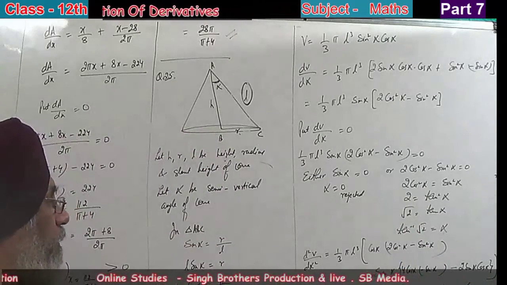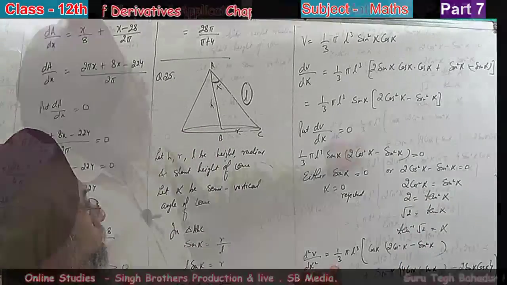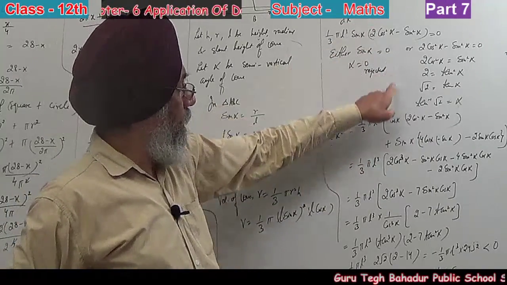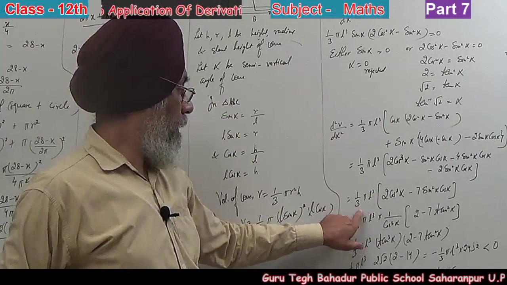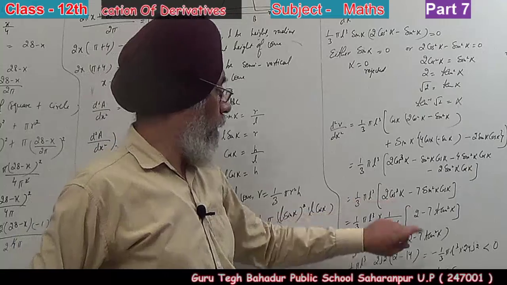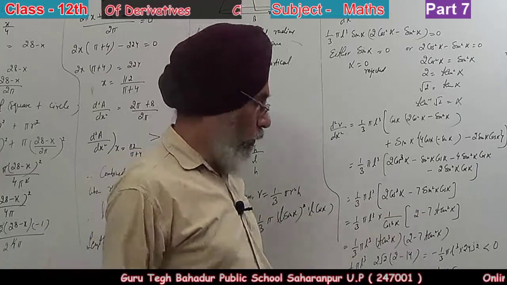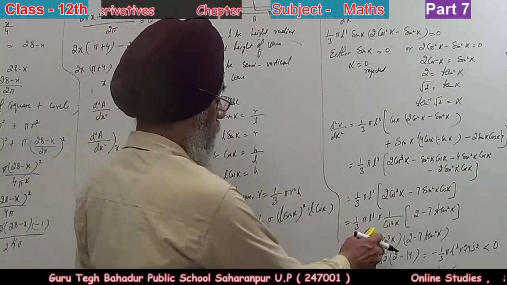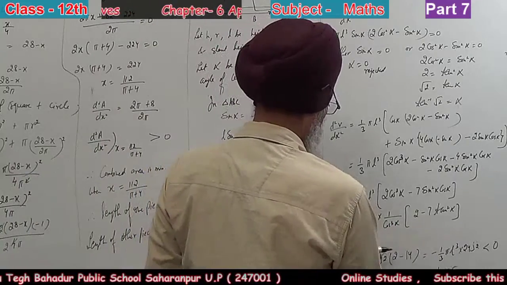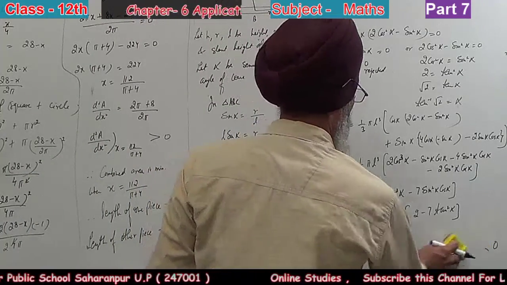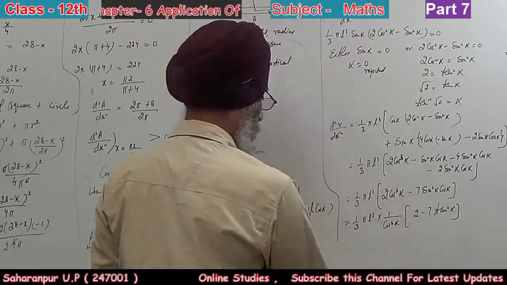Again differentiating it with respect to alpha, it is 1 upon 3 pi L cube. On solving the whole expression, what do we get here? 1 upon 3 pi L cube, minus 2 cos cube alpha minus sin square alpha cos alpha. Clear? Now we have to convert this expression in the form of tan.